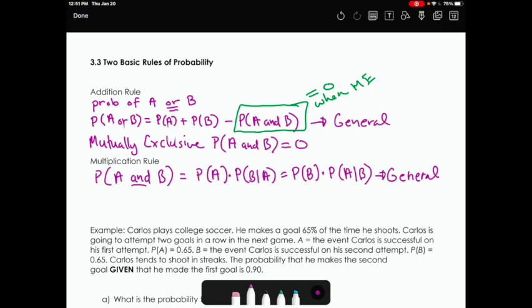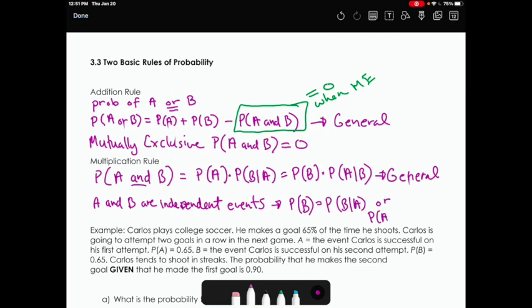Now, in the special case where you have A and B as independent events, as we discussed in the previous section, then we would know that the probability of B would be equal to the probability of B given that A has happened, or vice versa.